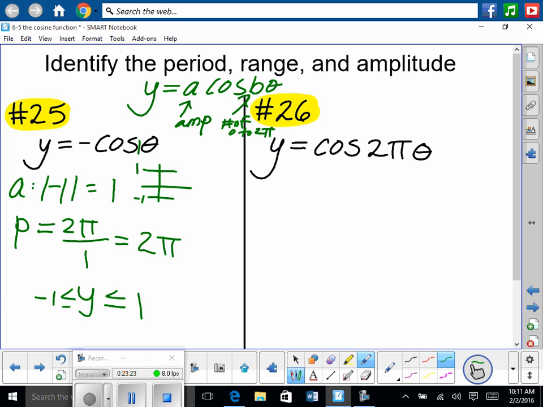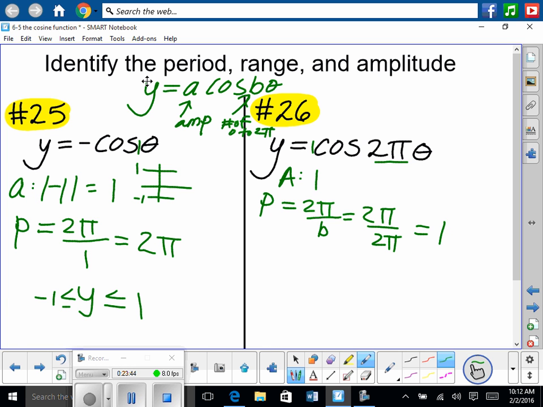One more, then I'll just let you finish up a few. Okay, number 26. What's the amplitude? 1, right? There's a 1 right here. My period: we're given b right here. So period is 2 pi divided by b, which is 2 pi divided by 2 pi, which is 1. So my period is 1. That's the length of a cycle.